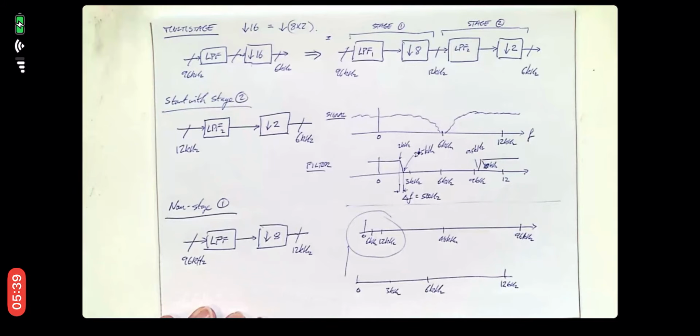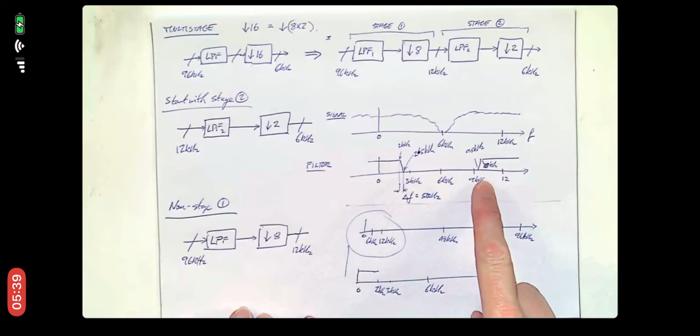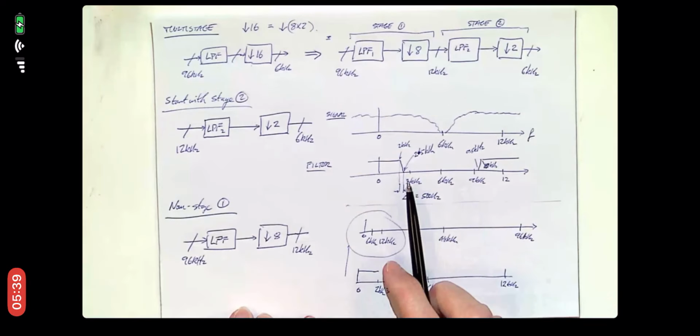We wanted to keep everything up to 2 kilohertz. But if we look at what's going to happen to it at the next stage, everything between 2.5 kilohertz and 9.5 kilohertz is going to be removed at the next stage.